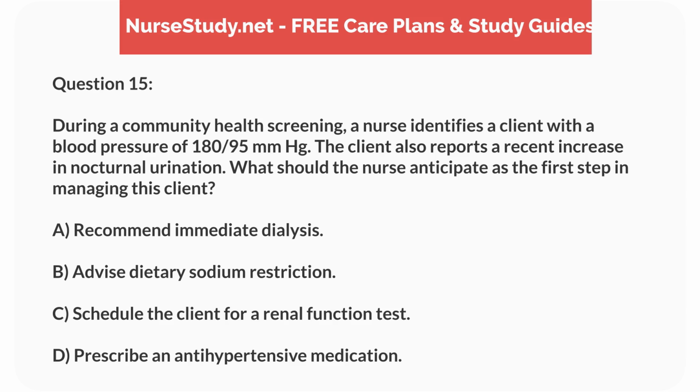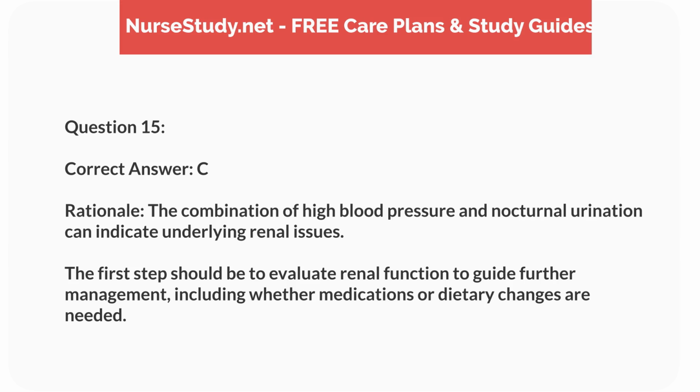C. Schedule the client for a renal function test. D. Prescribe an antihypertensive medication. Correct answer: C. Rationale: the combination of high blood pressure and nocturnal urination can indicate underlying renal issues. The first step should be to evaluate renal function to guide further management, including whether medications or dietary changes are needed.